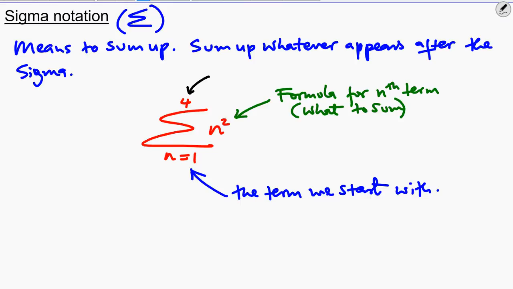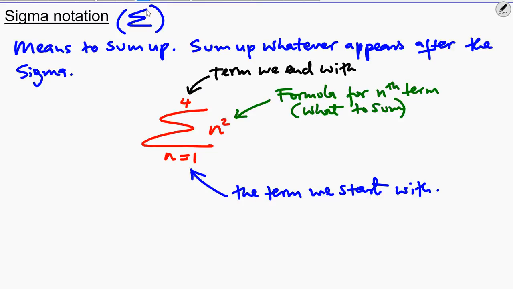This one here means the term we end with. So this is basically the meaning of this symbol, how we can write it, and what each part of the symbol means.